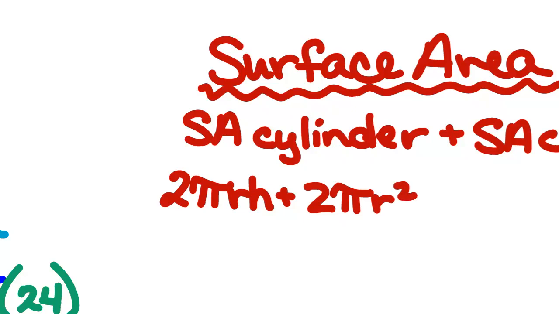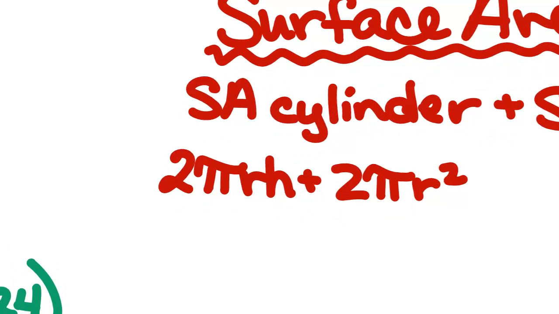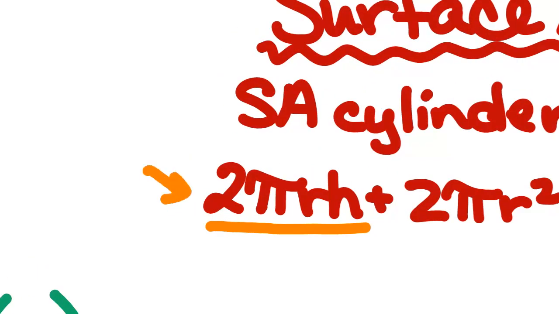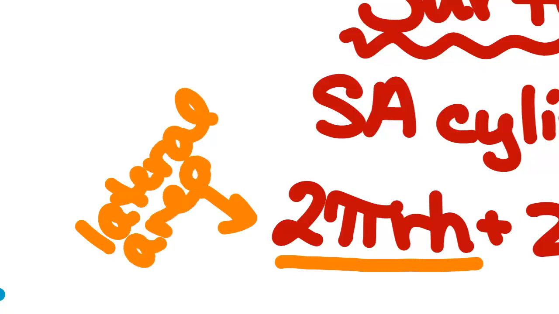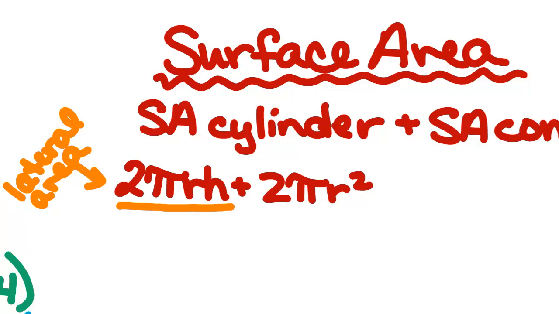Which of those pieces is the lateral area? The first part or the second part? First part is my lateral area. This 2 pi r h. There's my lateral. Which means 2 pi r squared is my two bases.